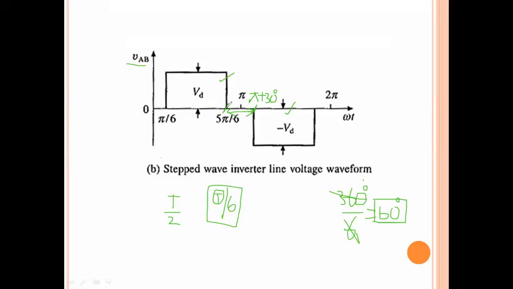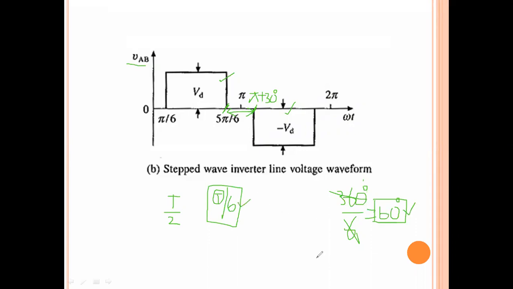So it ends at 150 degrees and the next pulse starts at 210 degrees, because we must maintain a 60 degree gap between each square pulse. So the time period between two consecutive thyristors will be T by 6. This is our first condition.